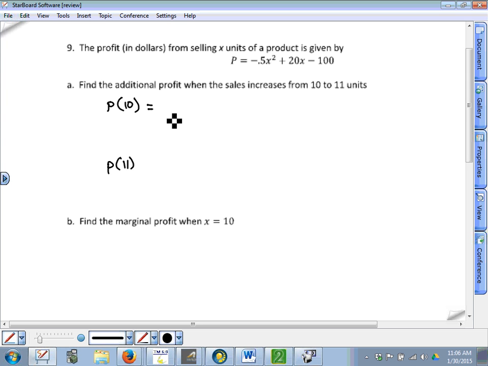The profit at 10 units, if we just plugged in a 10 to the function, turns out to be $50. And the profit at 11 units turns out to be $59.50. So the profit increases by $9.50.